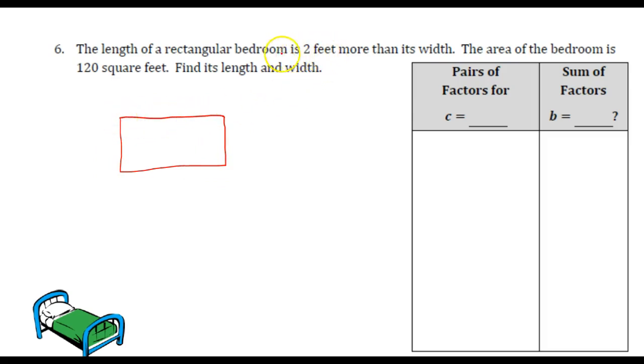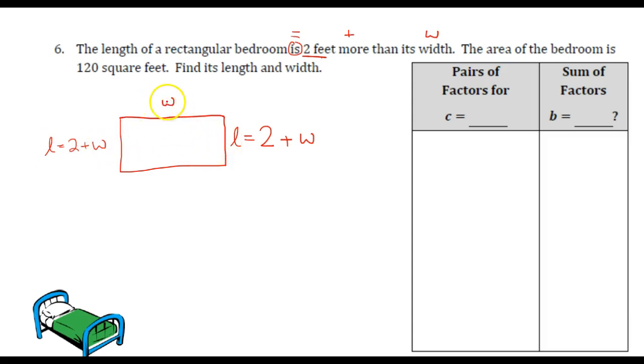My length is 2 feet more than, I think that's going to be a plus, than its width. So width I don't know, so I'm going to write a W for width. And since a rectangle usually has those things, the lengths are going to be the same, and the widths are going to be the same.